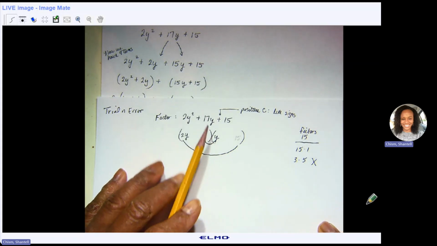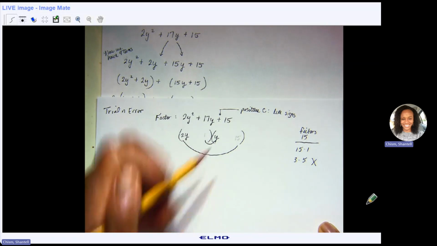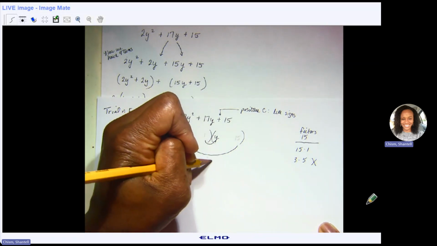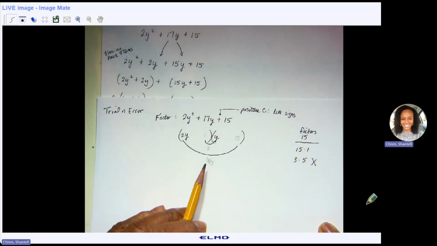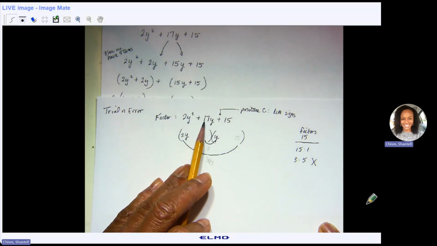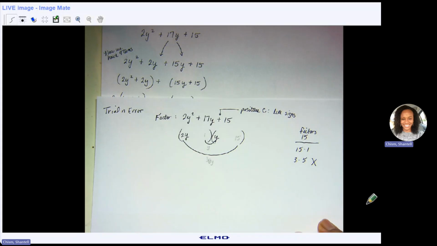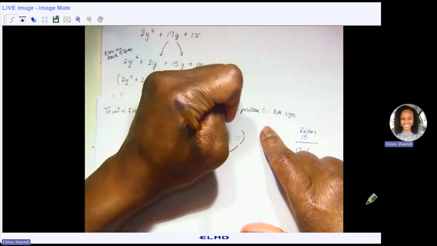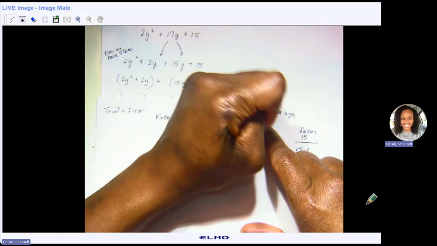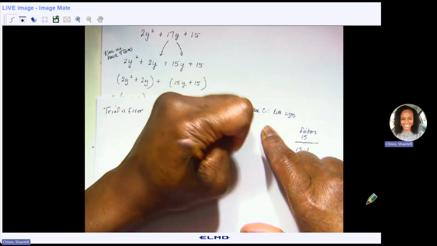So definitely use pencils, okay? This will give me 30y. This will give me 1y. 1y and 30y is 31y, not 17. So I can't use 15 here and 1 here.